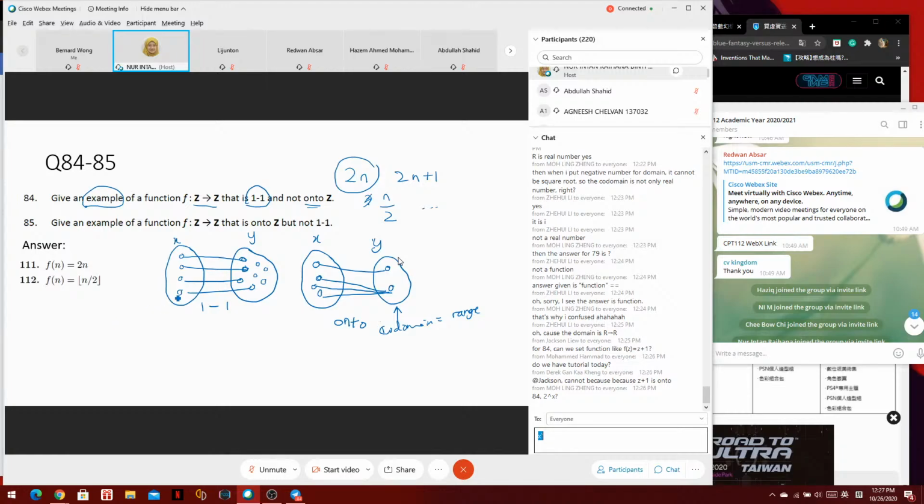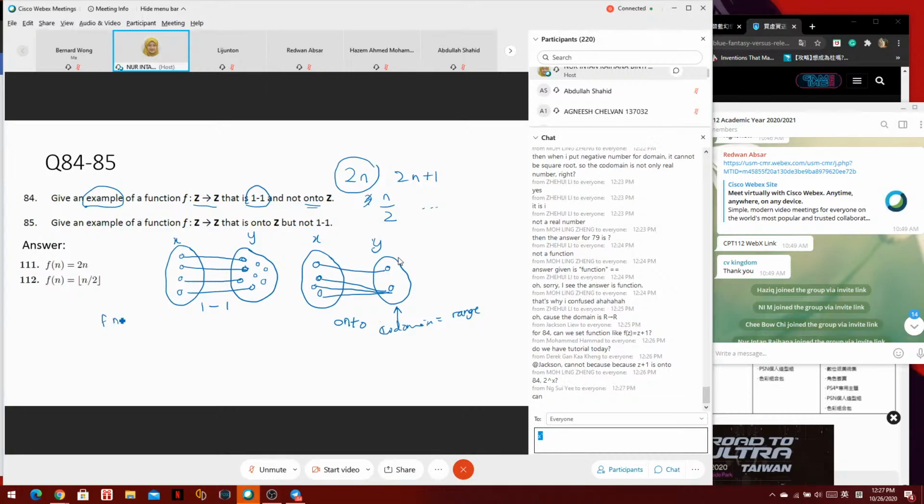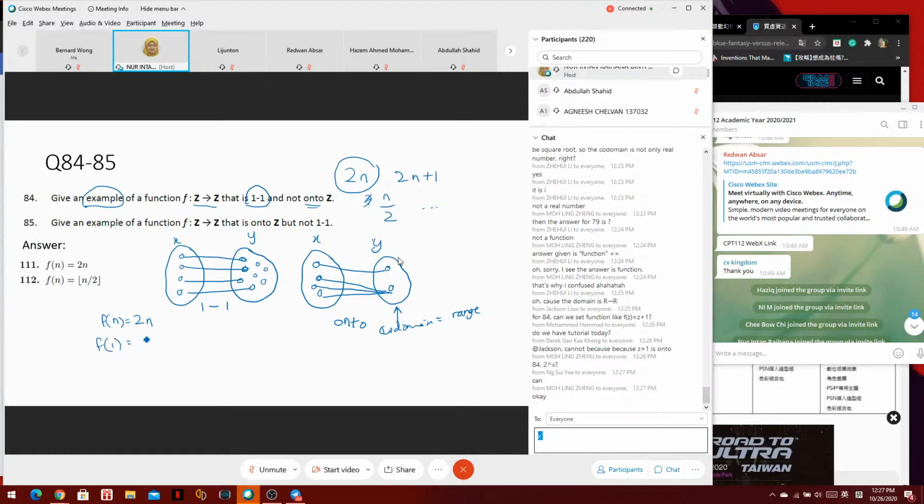For example, if you use f(n) equal to 2n, f(1) is 2, f(2) is 4, f(3) is 6, or f(-1) is equal to -2, f(-2), because it's Z, so it's including the negative values, -4 and so on.